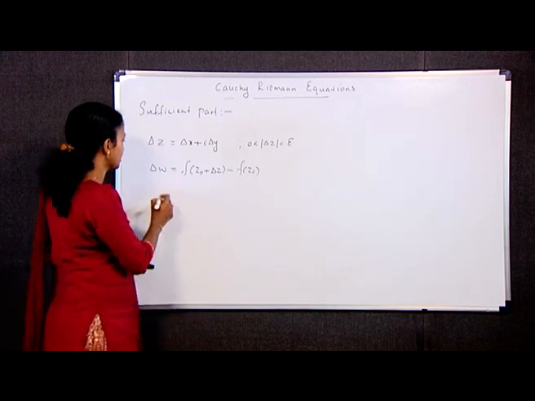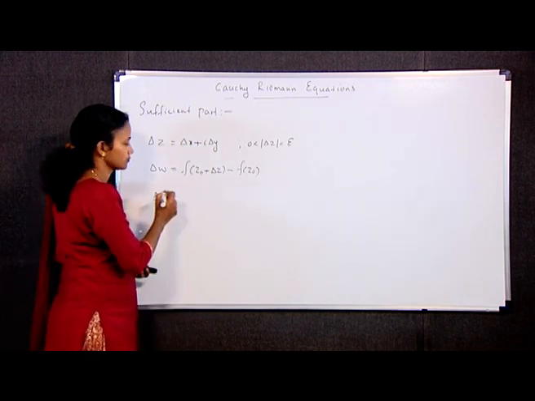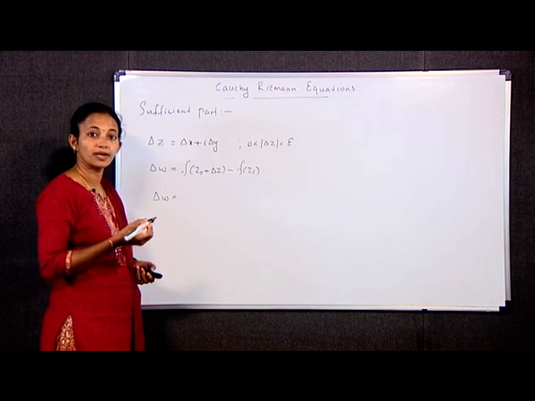Thus, we have delta w is equal to delta u plus i delta v.